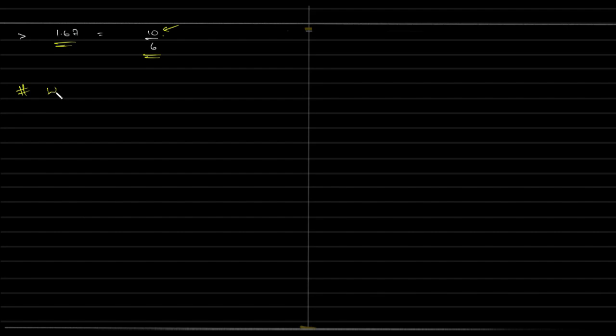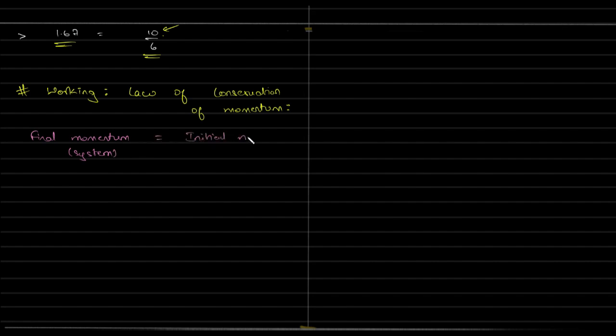So now we'll begin with the working. We have to talk about the law of conservation of momentum, which tells that the final momentum of your system is equal to the initial momentum of the system.